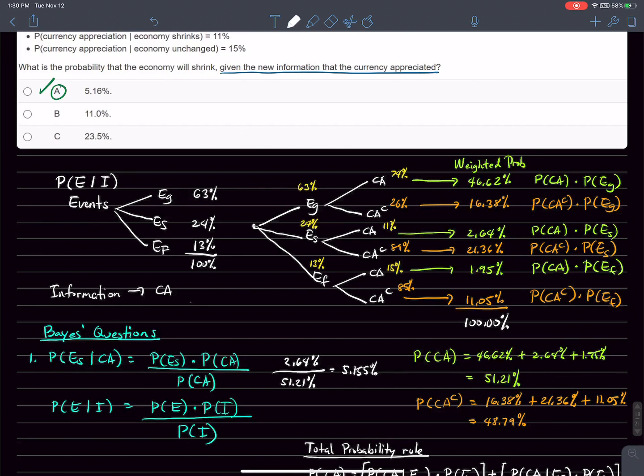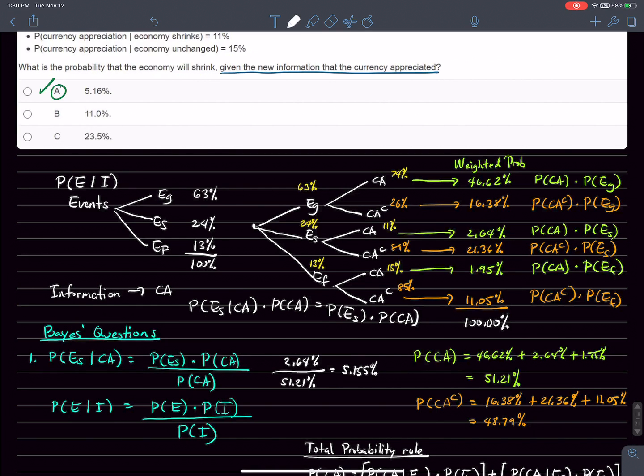It will be probability of ES given CA times probability of CA is equal to probability of CA given ES multiplied by probability of ES.